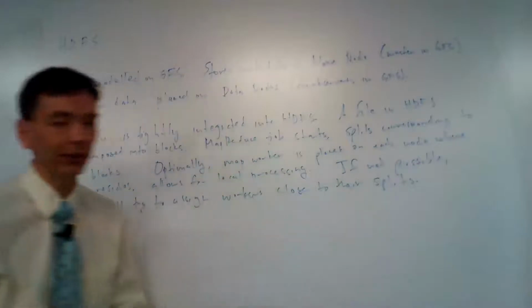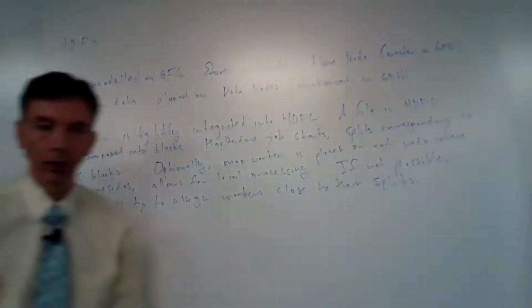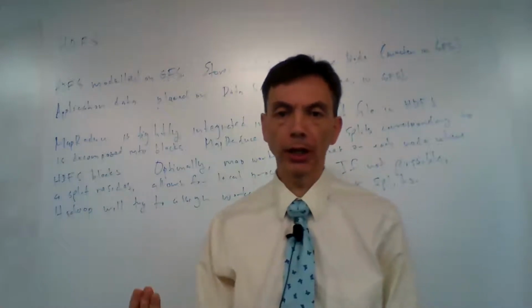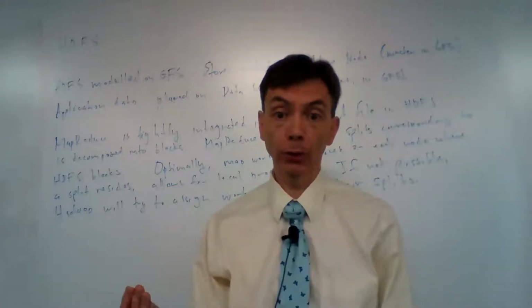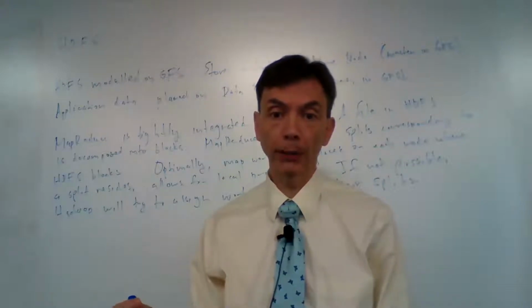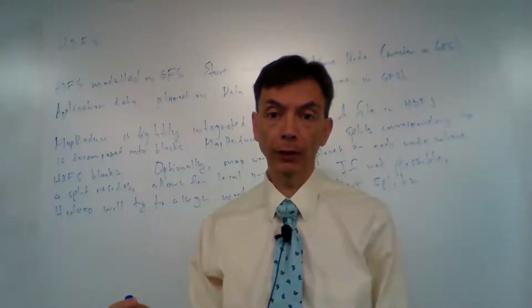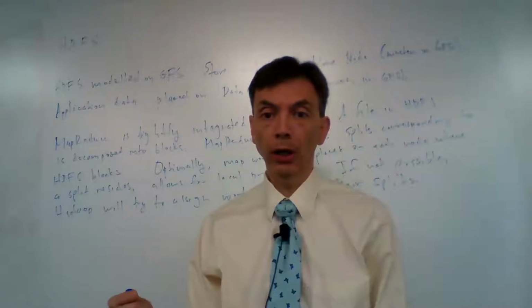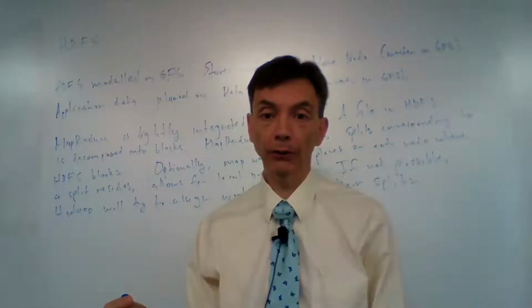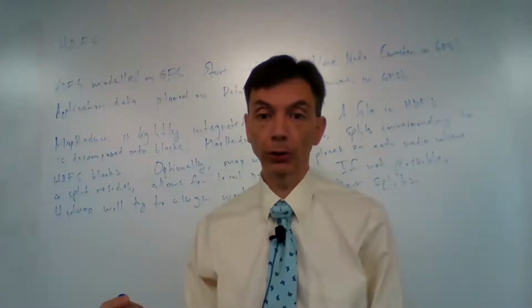Okay, so why might you not be able to put a map worker on the actual server that holds the block? It might be that there are already too many map workers on that block, and so there's no available CPU to hold another map worker. So you're going to have to put your map worker somewhere else, and it's going to have to actually pull the data over the network in order to do what it wants to do.